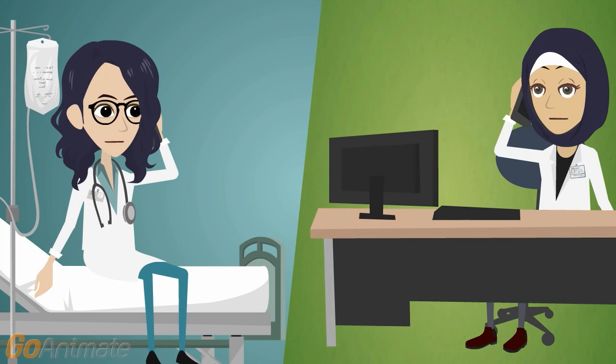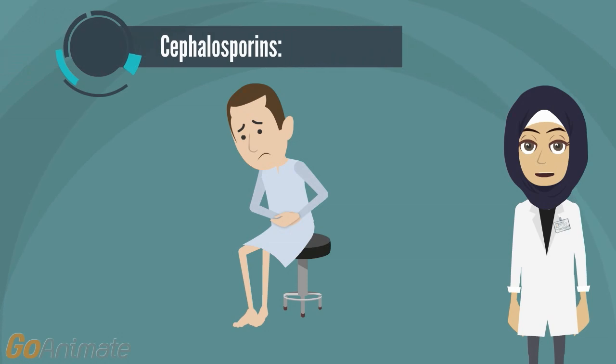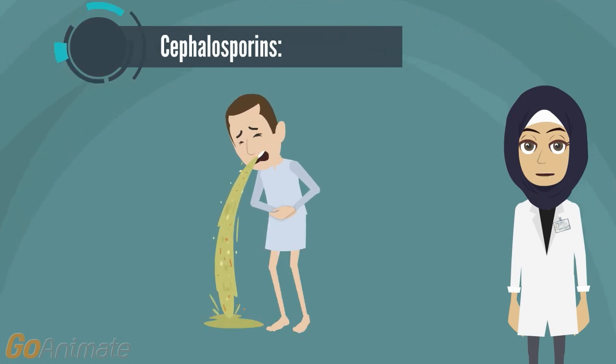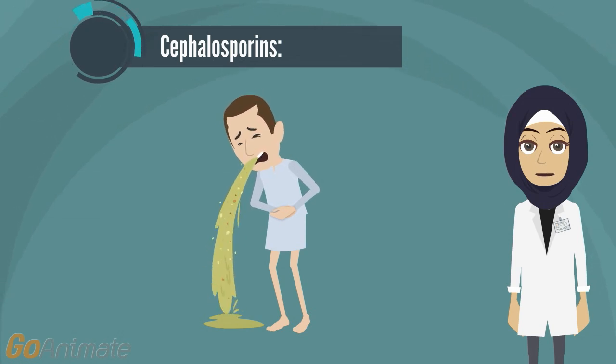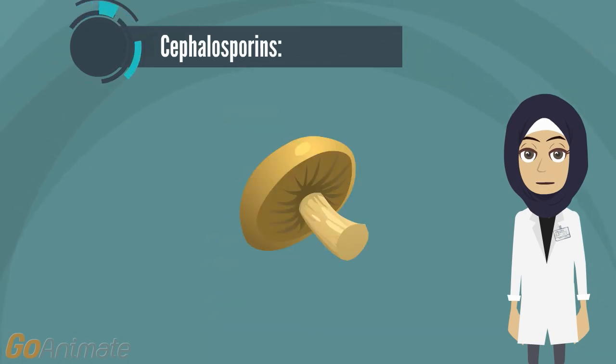Okay, that's great. So, what about cephalosporins? Well, cephalosporin can cause a few side effects. Common side effects involve mainly the digestive system: diarrhea, mild stomach cramp or upset, nausea, and vomiting. Cephalosporin can also cause overgrowth of fungus that is normally present in the body.